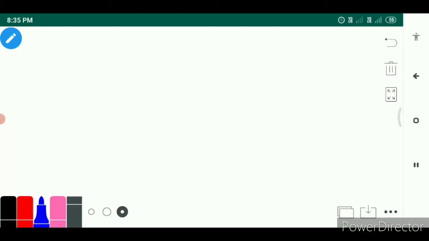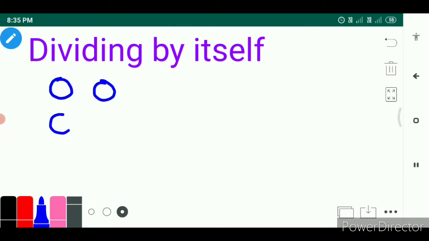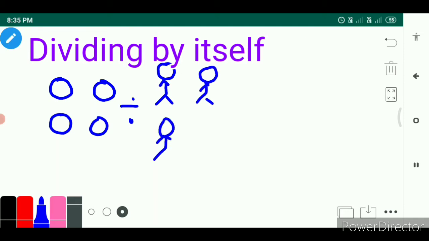Now let's see the second property. The second property is dividing a number by itself. Suppose again I have 4 balls, and now I divide these 4 balls among 4 persons: first person, second person, third person, and fourth person.